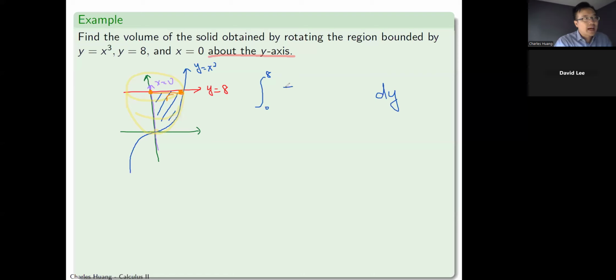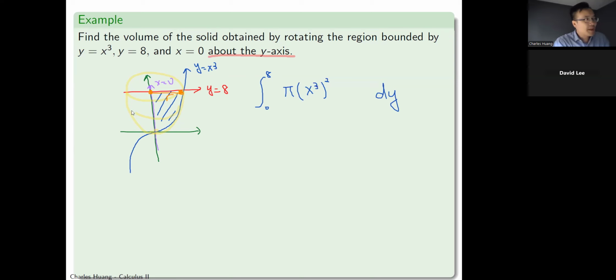So this is pi, and then we have x squared. Oh, but we don't actually want to do x squared. Oh, hey, there's something tricky here. Oh, and this is x cubed. Sorry. We don't actually want to put x cubed inside because we have dy. So the y value itself.